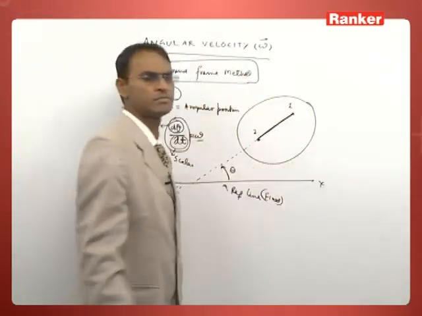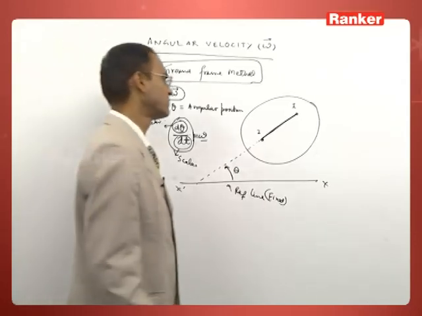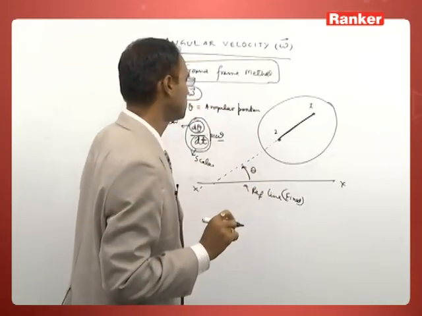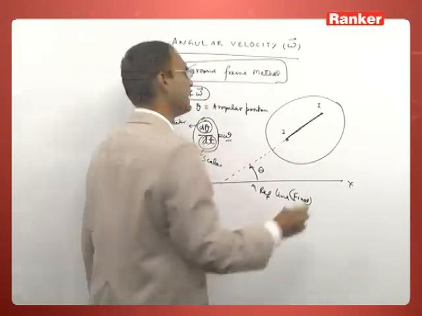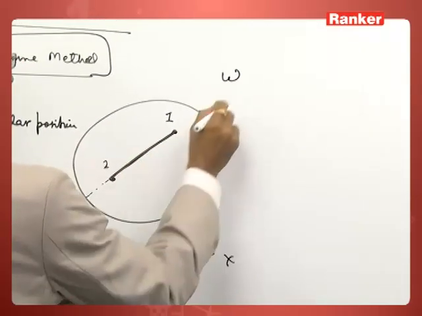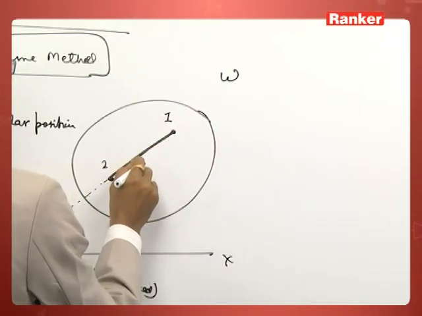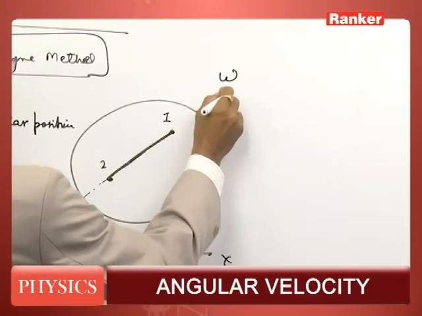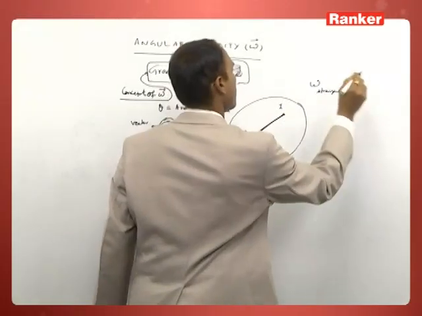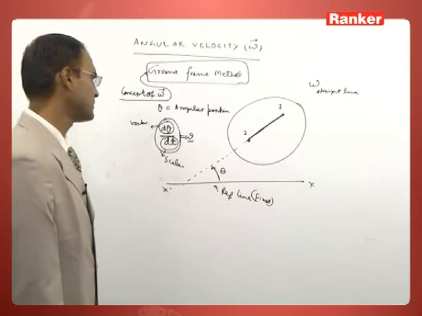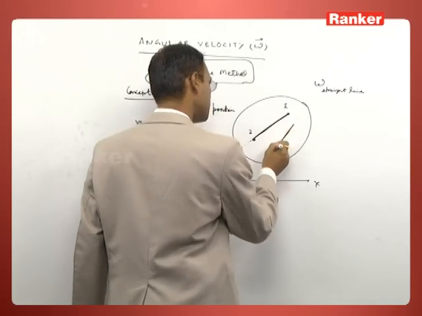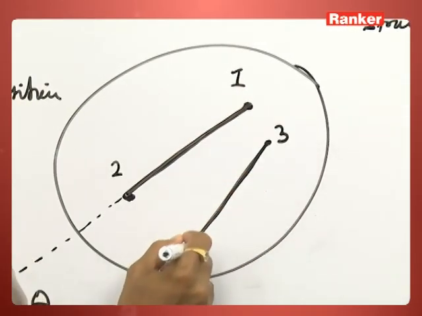Before discussing this, I would like to discuss the difference between the angular velocity of the straight line, say, straight line A, and the straight line B. You can take another straight line, let it be 3, 4.